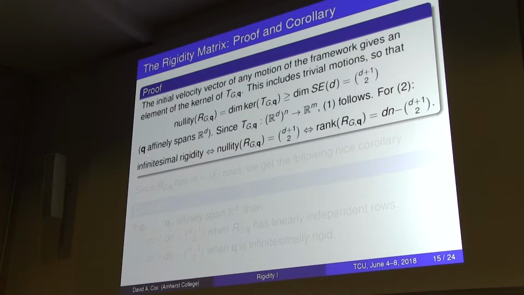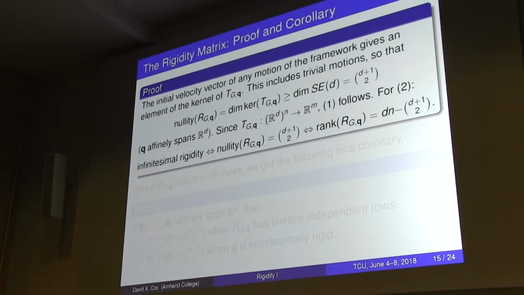Because of the assumption that Q affinely spans R^d, this group acts faithfully on the configuration, and so its dimension, d plus 1 choose 2, shows up in this kernel. So the nullity of this map is at least that binomial coefficient.